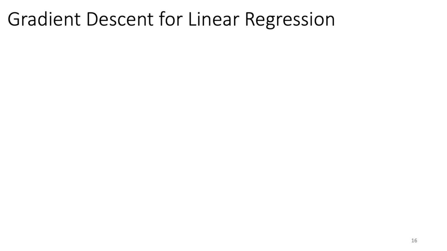So let's wrap up this section with an interesting analysis of the differences in complexity between the least square optimization that you already know for linear regression and gradient descent.